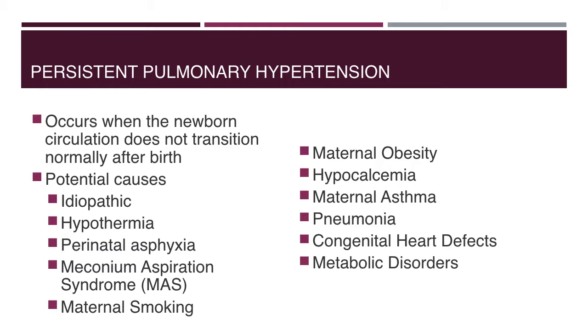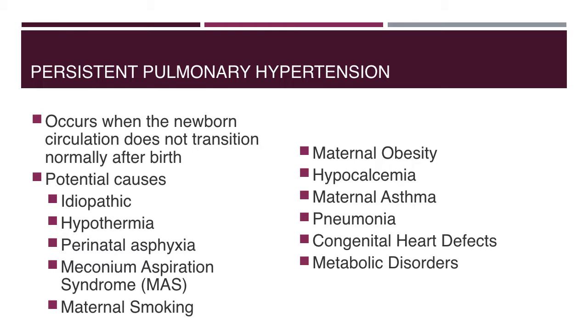Meconium, with meconium aspiration syndrome, we already have a problem in the lungs because of the meconium that's in there. Maternal smoking, there's some thoughts about how that affects the lungs and that transition to newborn circulation.